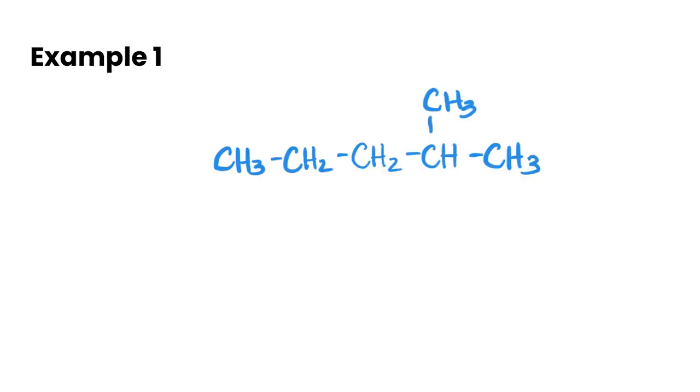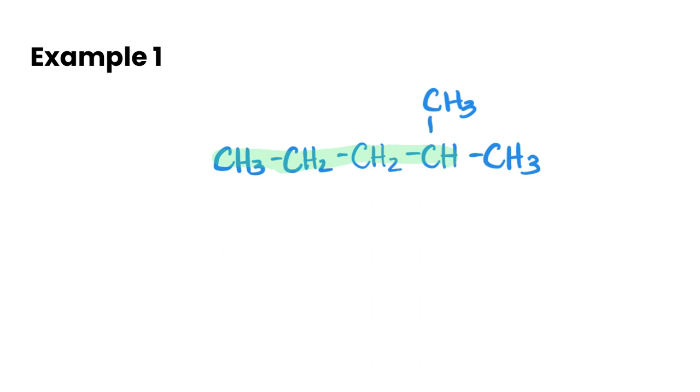So let's look at our first example here. The first step is we need to identify our longest carbon chain. A good idea is to take a highlighter or a pen and trace the longest possible chain without lifting your pen. So if we start at the end here, we've got 1, 2, 3, 4. Now you've got a branch here.